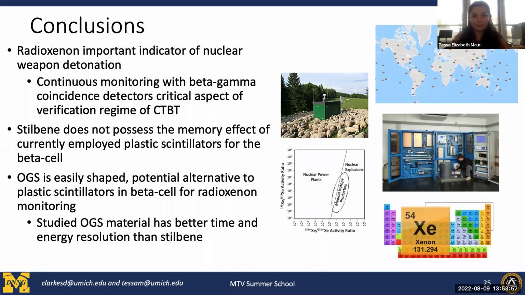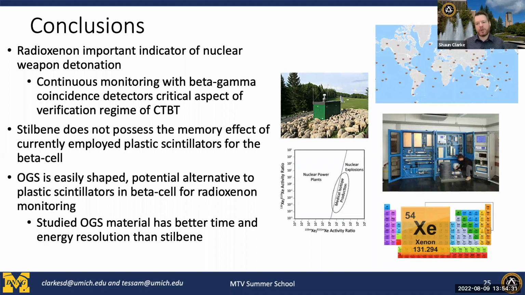Yeah, that's great. The only thing I would add is the benefit, and Tessa mentioned this in the presentation as well, is the way we can shape the organic glass into a variety of shapes. Stilbene is a crystal, which means it has to be grown and then cut, so it's very difficult to make large sizes. I would see the OGS having an obvious advantage in applications where you need either a large or abnormal size or shape of detector.